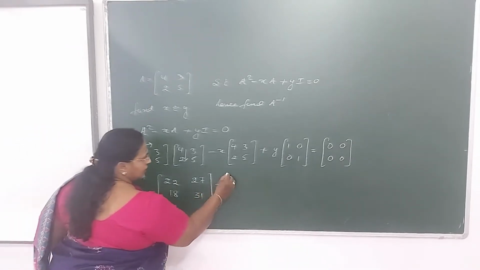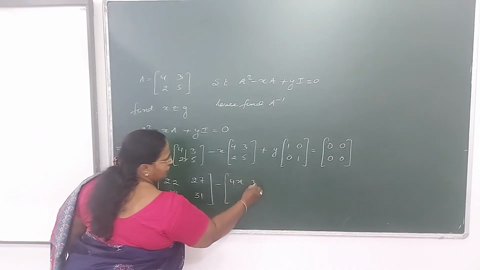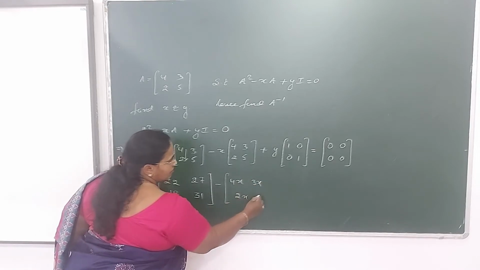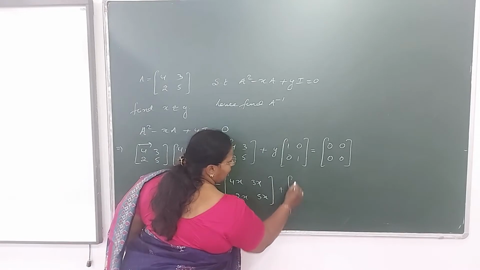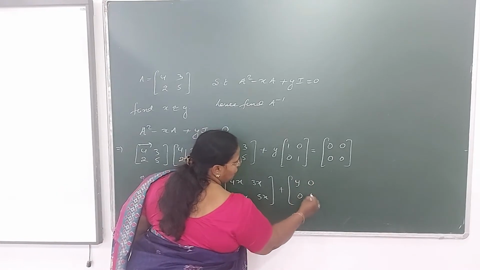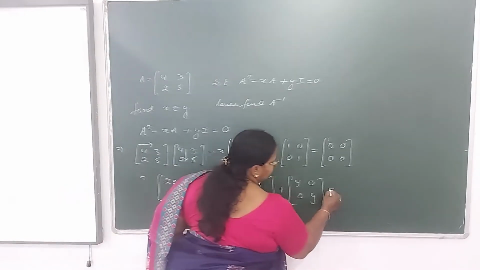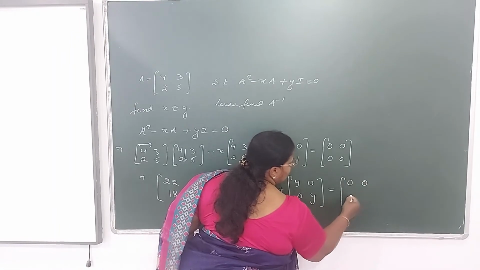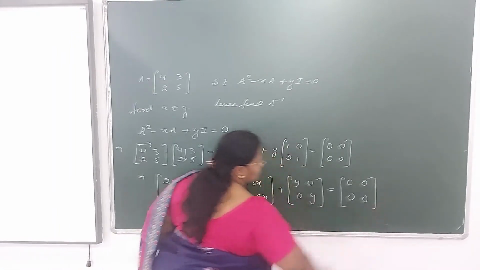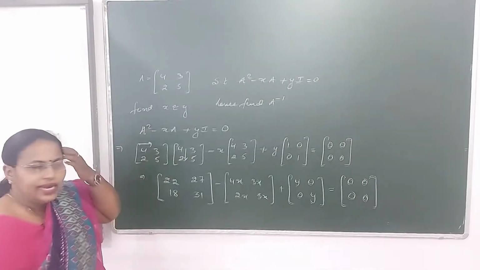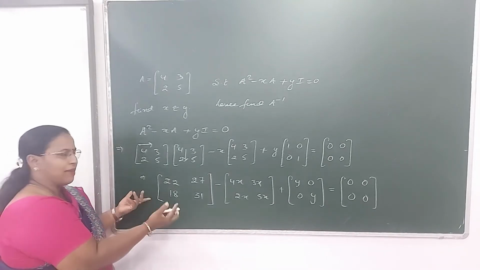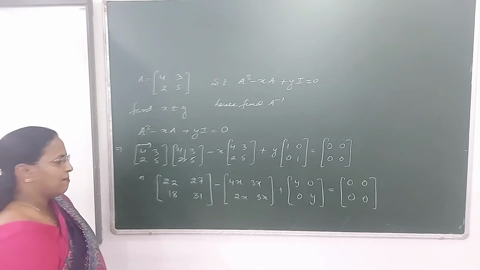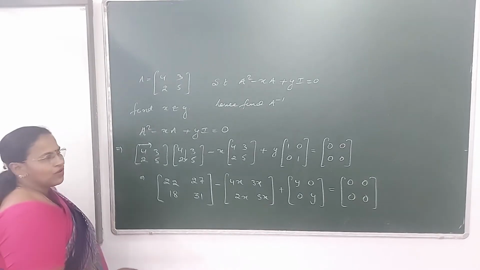Here it is 4x, 3x, 2x, 5x. This is y, 0, 0, y, and the right hand side is 0, 0, 0, 0. It is not that you have to calculate it completely. You can compare the entries also. So see here what you will get.